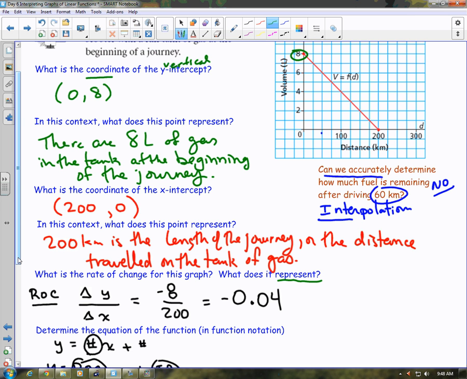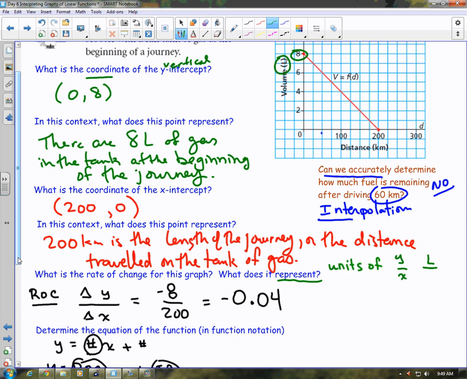Now the next question says, what does it represent? To know what it represents, we need to use the units of y over x. We need to use the units to know what it represents. So what are the units of y? The units of y are liters.